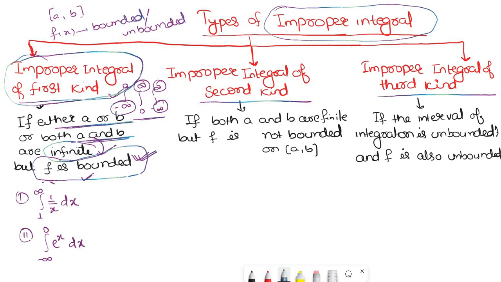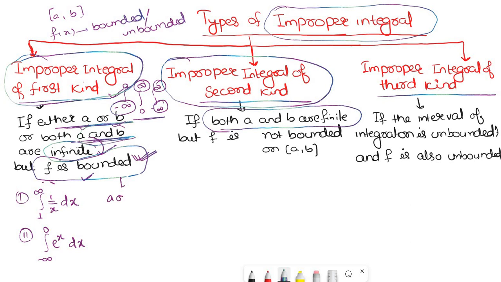Now let's discuss the improper integral of second kind. In this second kind, both a and b should be finite, instead of the improper integral of first kind, where either of a or b, or both, are infinite. So this is the difference between improper integral of first kind and second kind.